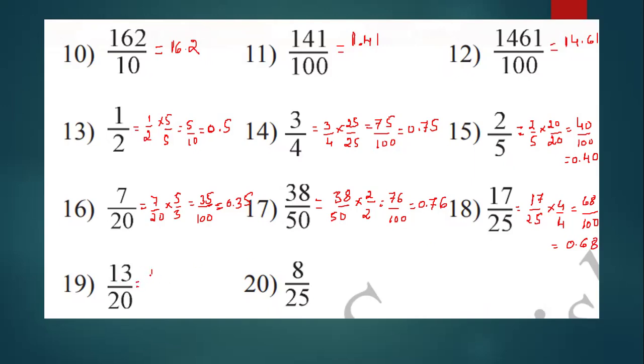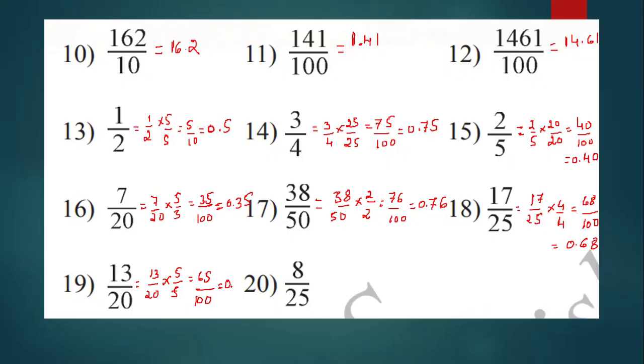Similarly, this is 13 by 20 is there. Multiply numerator and denominator by 5. 13 5s are 65. 20 5s are 100.